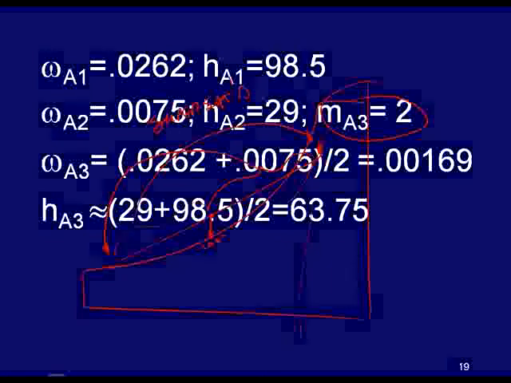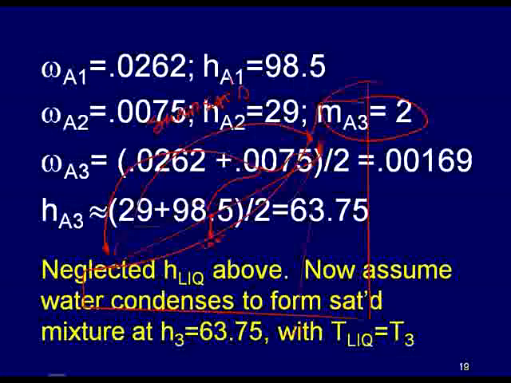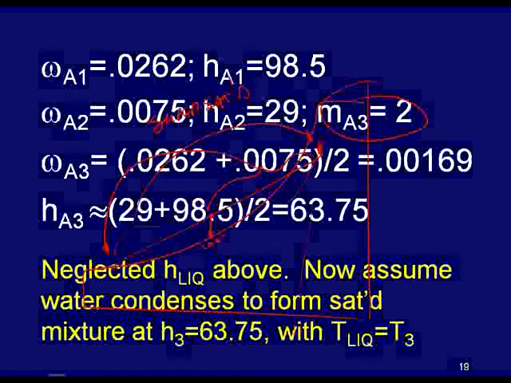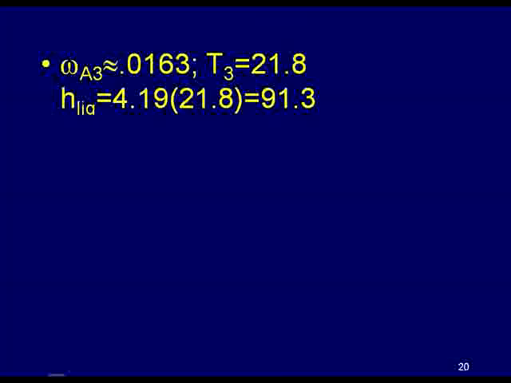Without having to do it graphically, we could do it by the energy balance and the mass balances. And here we neglected h of the liquid above. But if we assumed water condensed to form a saturated mixture at that h3 of 63, T liquid equal to T3, then we could calculate that omega 3 would be approximately 0.0163.